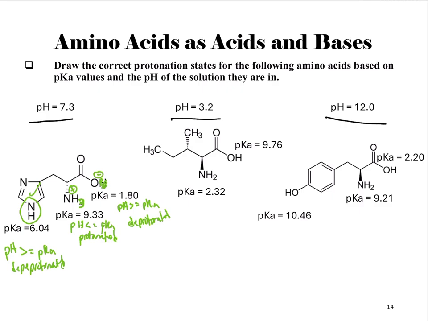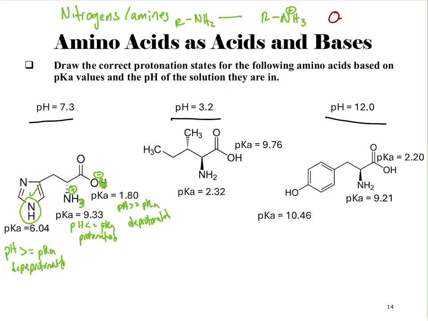Okay, so I'll make a note of that. Nitrogens/amines go between NH2 and R NH3 plus.